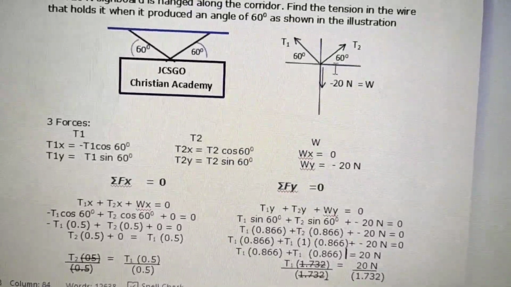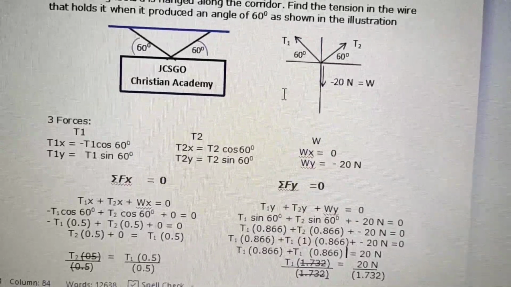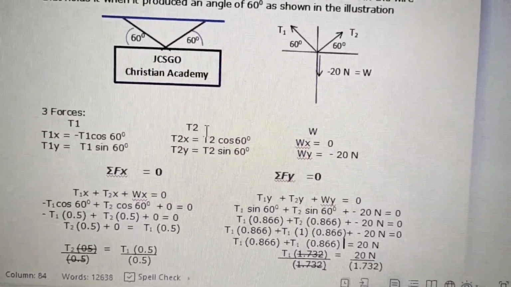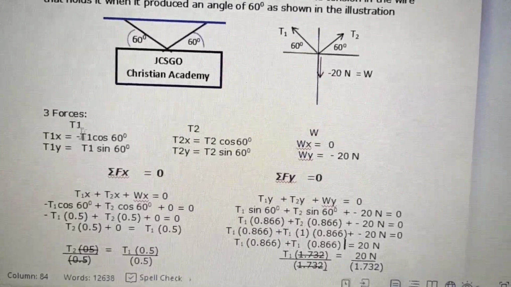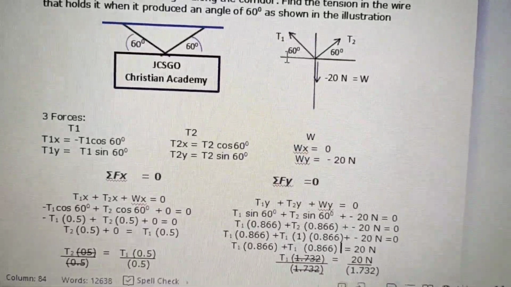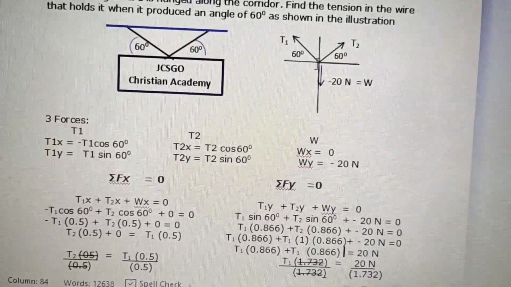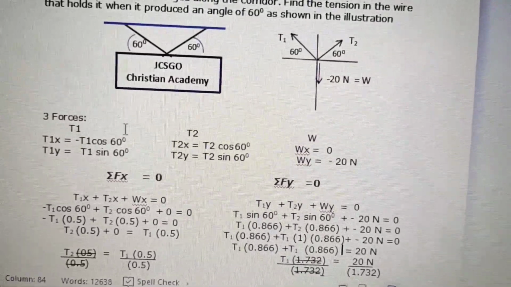If we are going to write the given in our diagram, there are three forces, T1, T2, and W, which is the weight. Under T1, as I have said, T1 has a value for the x-axis because it exerts a force on the x-axis.